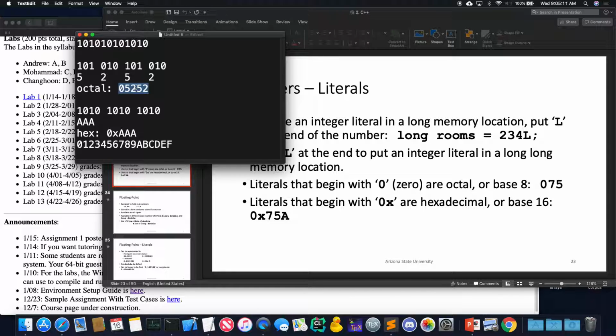If you want to write some number in binary without having to convert it to decimal, there's a way to do that in C++, but the far easier way is to convert it to hexadecimal or octal and then just write that in your code. It's not another type, it's just another way of writing it. And it's just much easier and much more compact than writing the whole binary number.